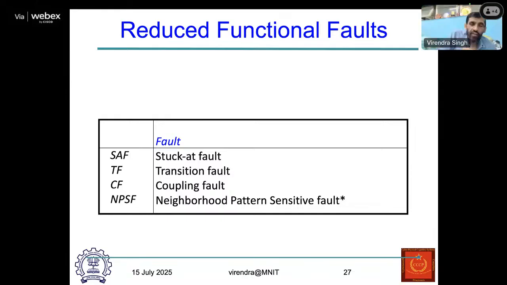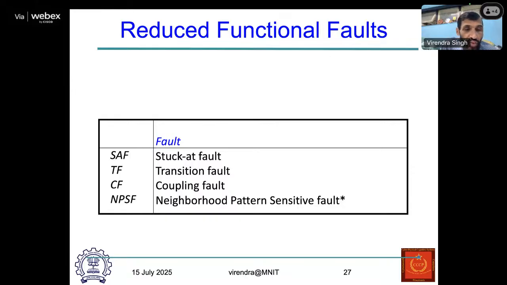That simply means that if it is stuck to logic 0, and you want to write 1 on that particular cell, it won't accept that. There may be numerous reasons why that can happen. Or a cell can be stuck to logic 1 and cannot change to logic 0. So that's one very simplistic fault model I can use, which we call a stuck fault model.